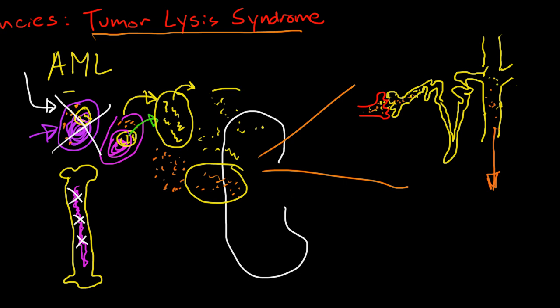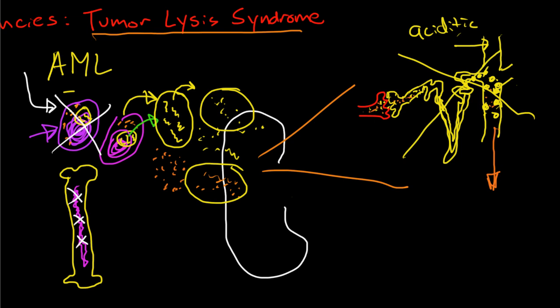But what happens is when we have very, very high concentrations of uric acid that's getting secreted, it starts to precipitate out in this acidic environment, and the precipitates form and start to block the distal convoluted tubules and collecting ducts. And then we start ending up with acute renal failure.